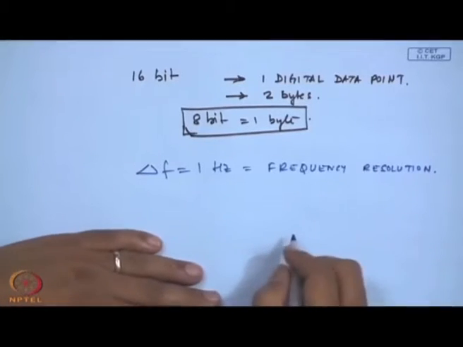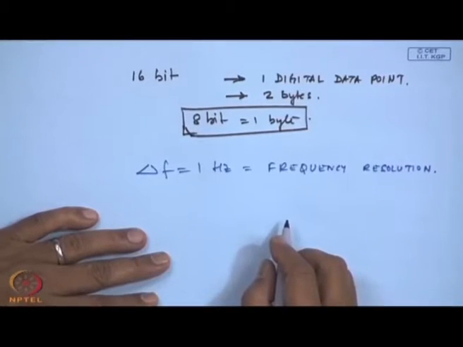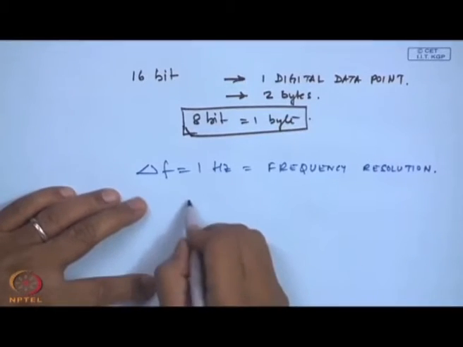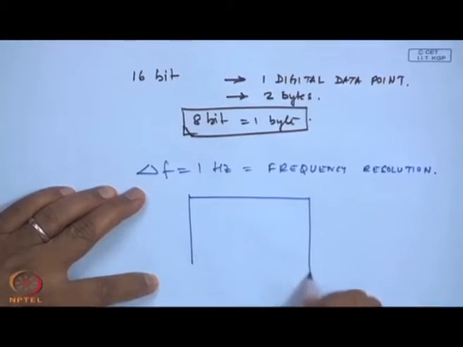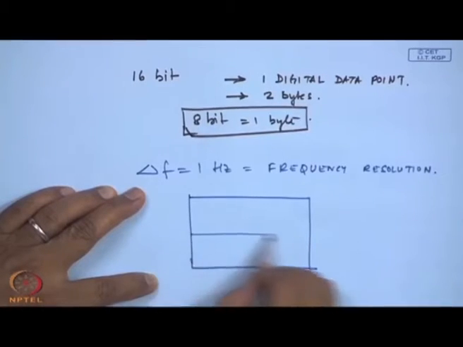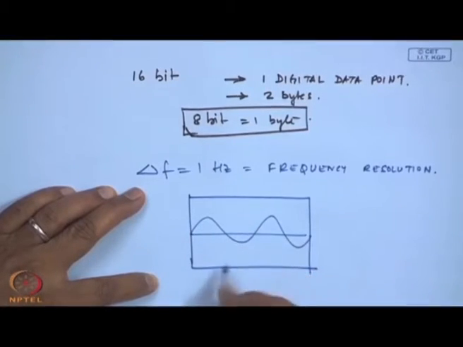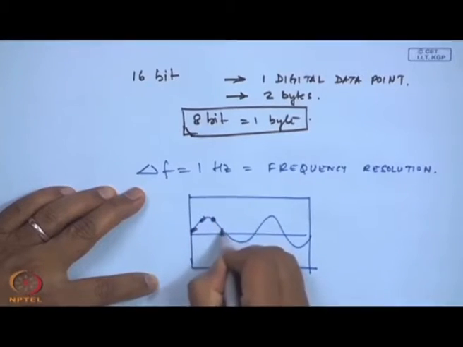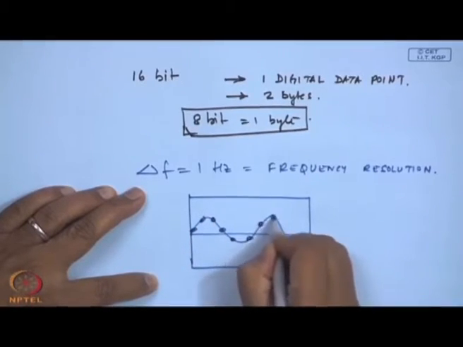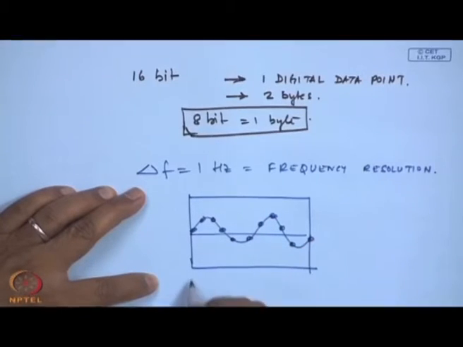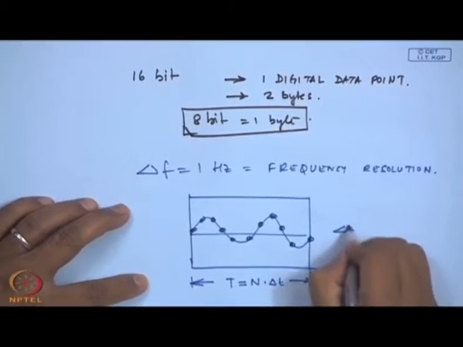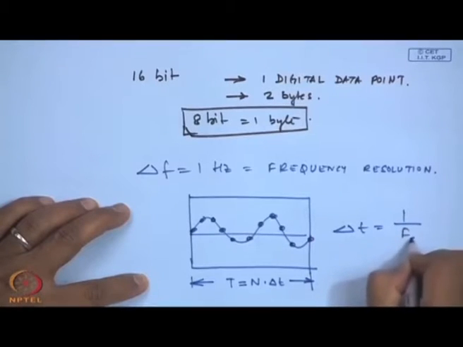But we know there is a relationship between delta f and the block of time data which you have taken, because this data has been digitized. So, I take this digital data, I take n data points. So, this total time is nothing but n times delta t, where delta t is nothing but 1 by the sampling frequency. This is known as the sampling interval.